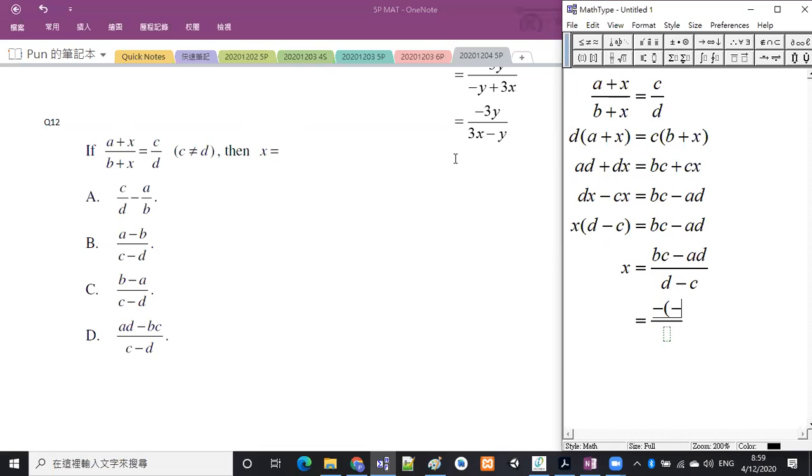The BC becomes negative BC. Minus AD becomes plus AD. And for the lower part, again, we take out the negative sign. The D becomes minus D. Minus C becomes plus C.